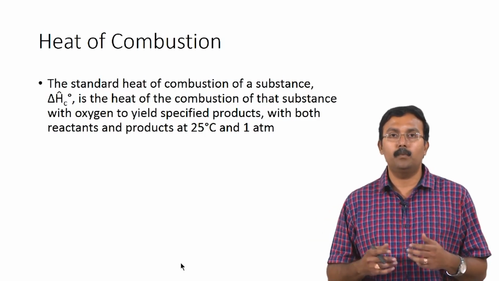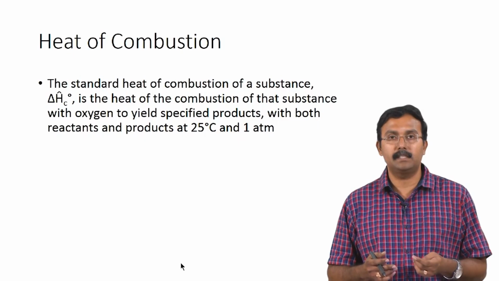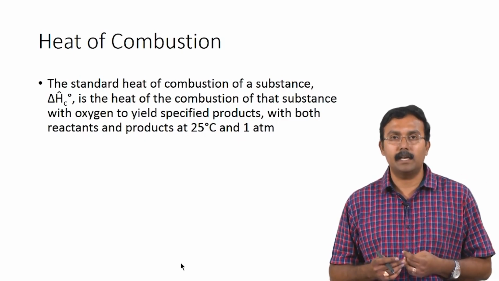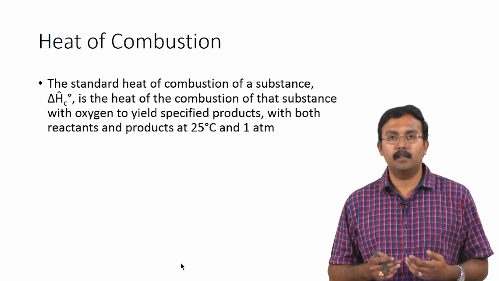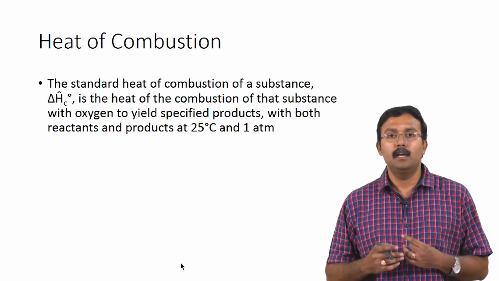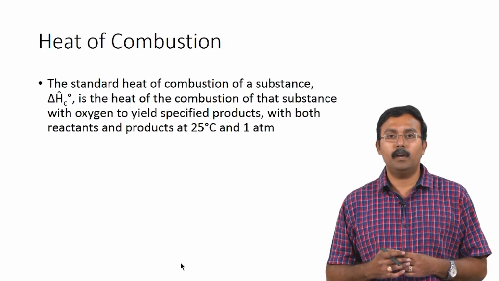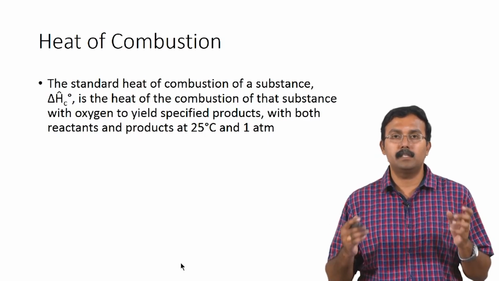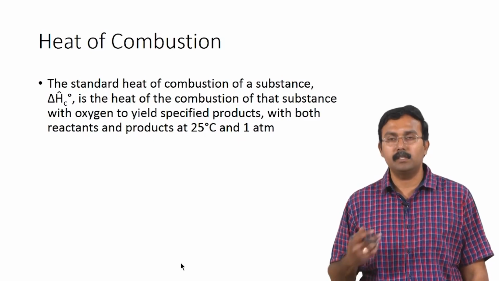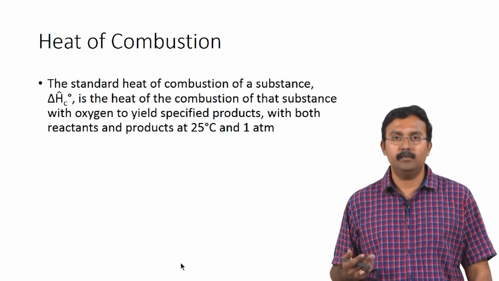We have already looked at what is combustion and what complete combustion stands for when we discussed combustion reactions as part of material balances. Please go and look it up and refer back to understand what it is. And when it yields these specific products, and assuming the products and the reactants are at the same temperature, the change in enthalpy for this reaction is called the standard heat of combustion.